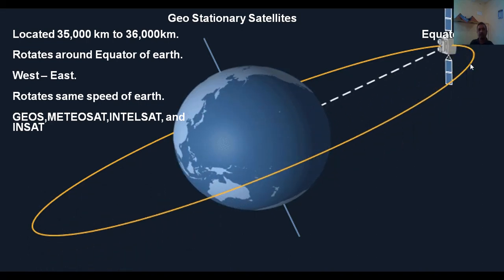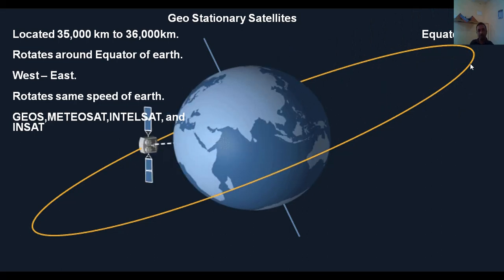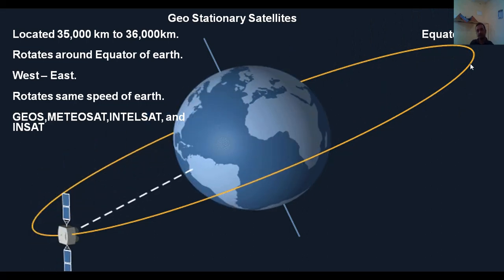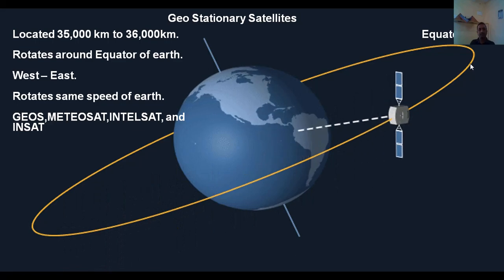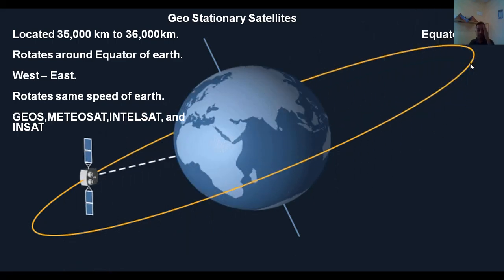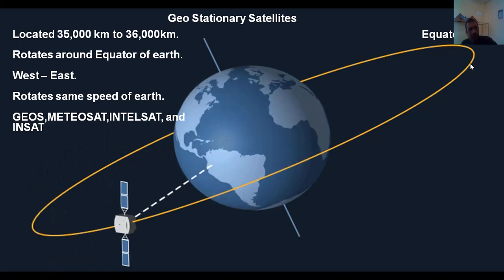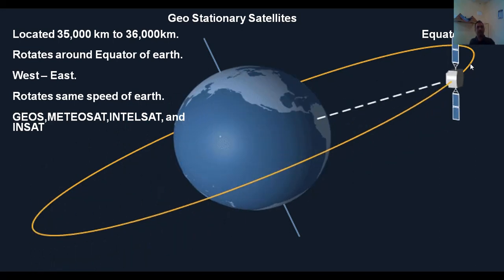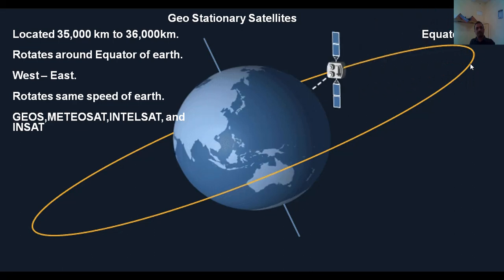It is located around 35,000 kilometers to 36,000 kilometers. It rotates around the equator of the earth, west to east, at the same speed as the earth.